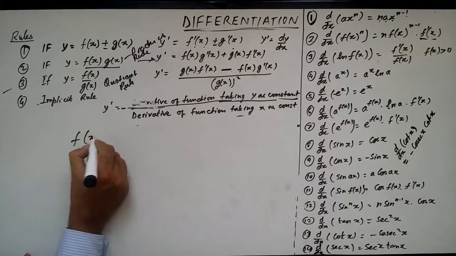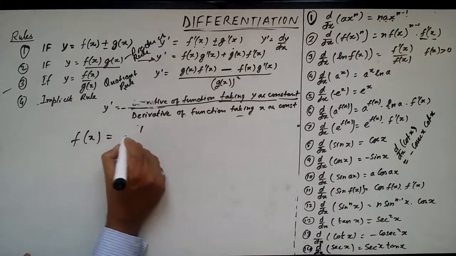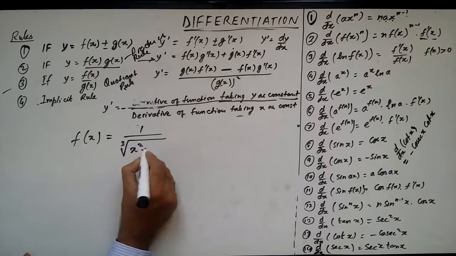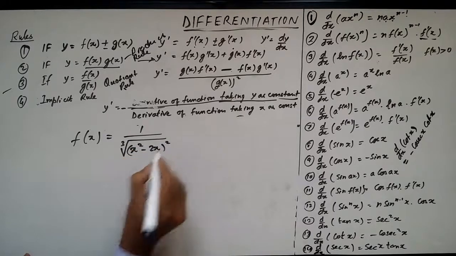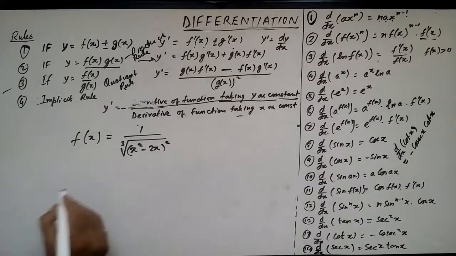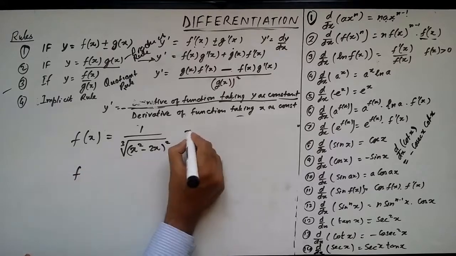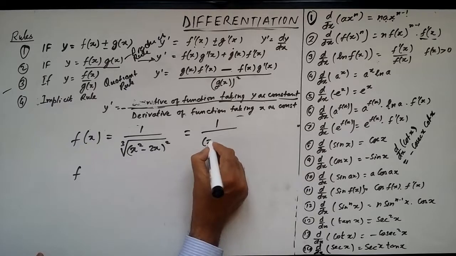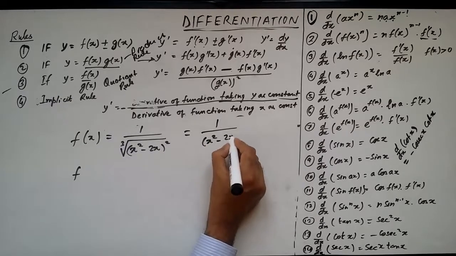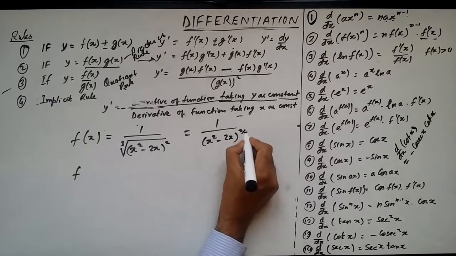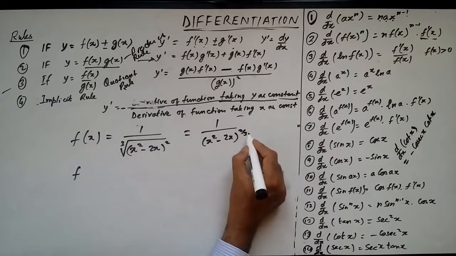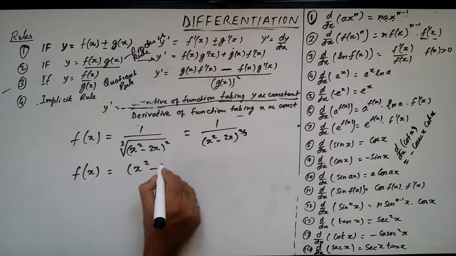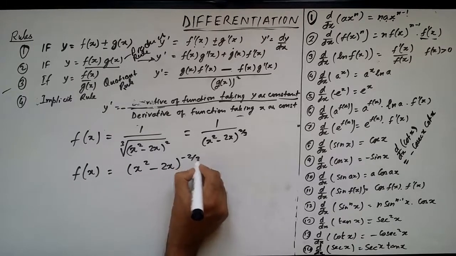So let's take this one. f(x) is equal to 1 upon the cube root of (x squared minus 2x) whole square. We can write this in a simple form: the power is 2 divided by 3, because this is the cube root. When this goes to the numerator, it will become (x squared minus 2x) to the power minus 2 by 3.